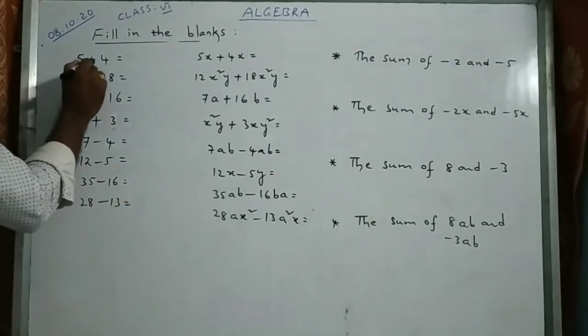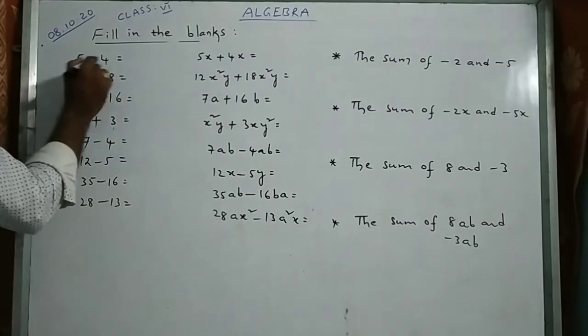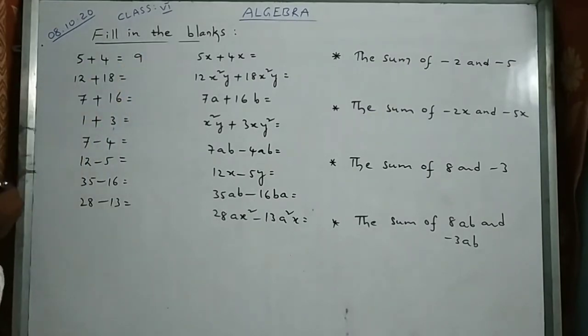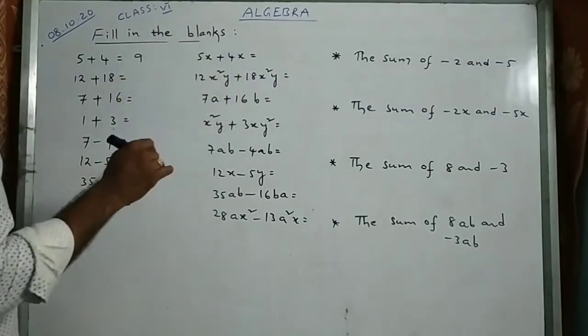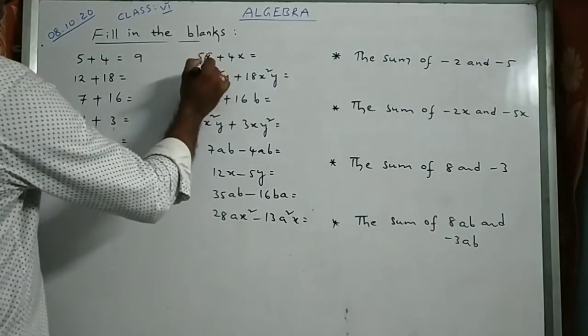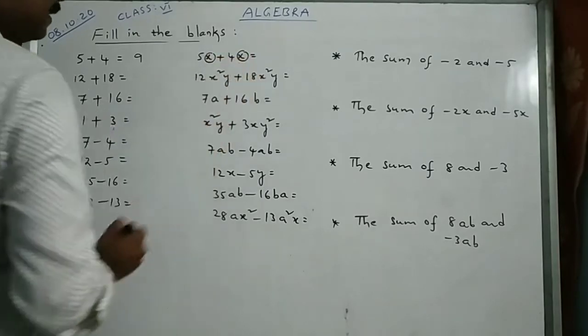So here 5 plus 4 can be added, right? 5 plus 4 how much? 9. Here when it comes to algebra, what is the variable? X, right?